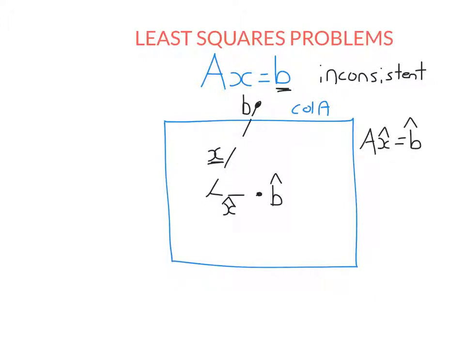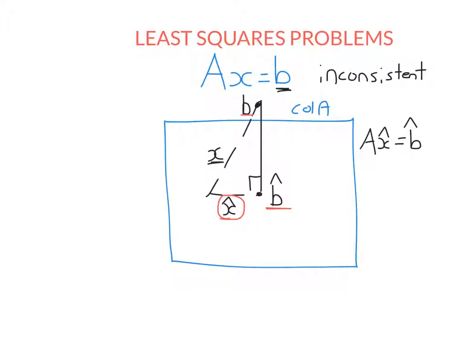So to ensure that this solution is as close as possible, the difference between B and B hat needs to be orthogonal to the column space. Essentially we're finding the vector that takes us to another vector, since we can't actually get to B if it's not in the column space of A.